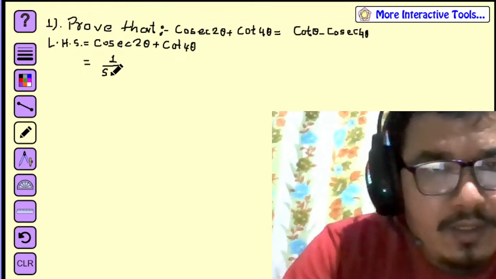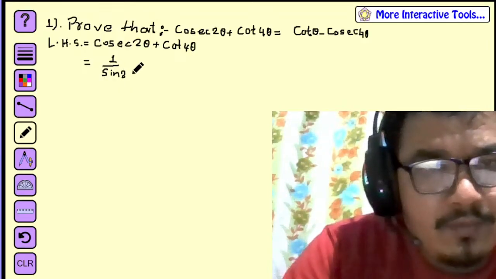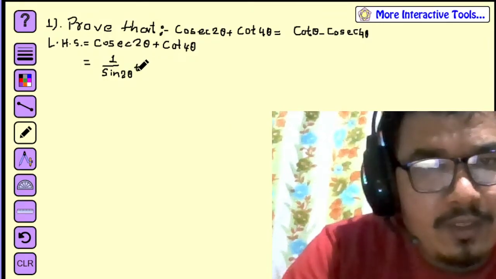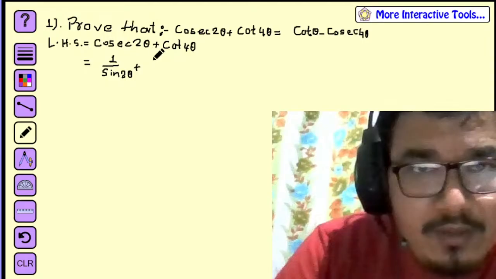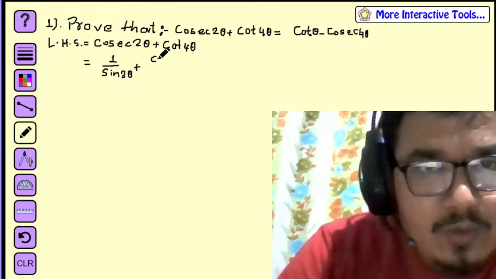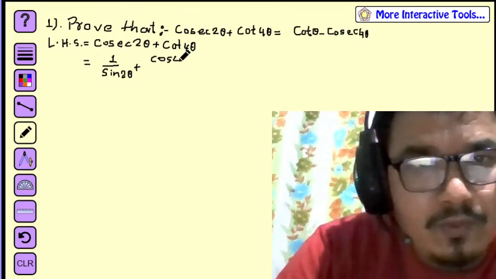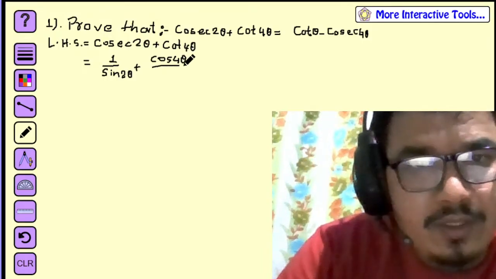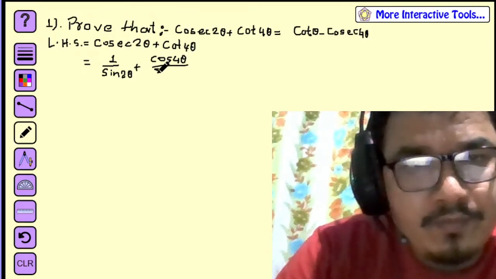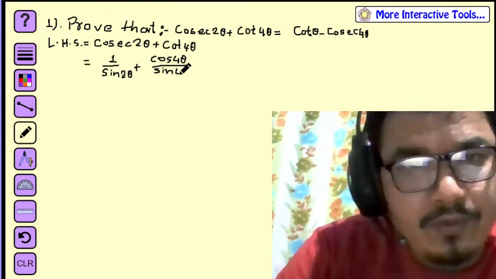Okay, and then there is a plus sign, and we know cot means, here we write the quotient relation, that is cos 4 theta in the numerator and sine 4 theta in the denominator.